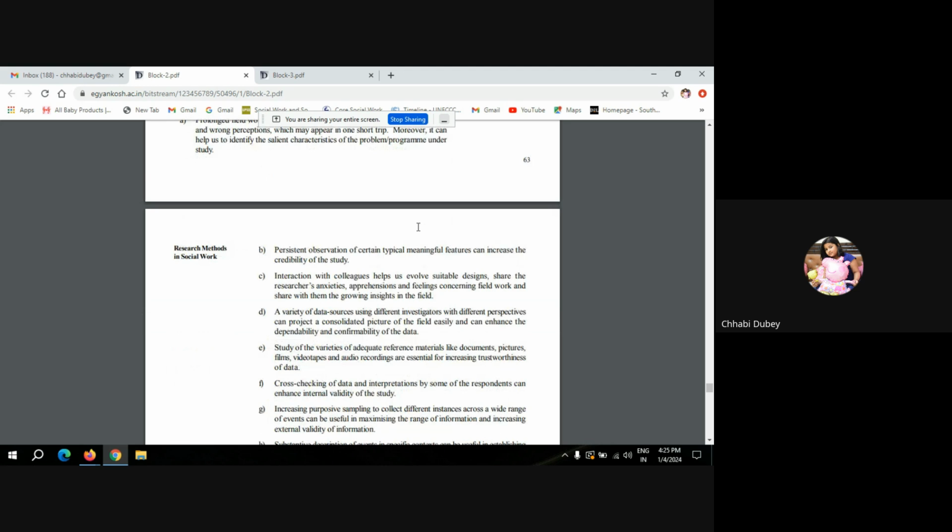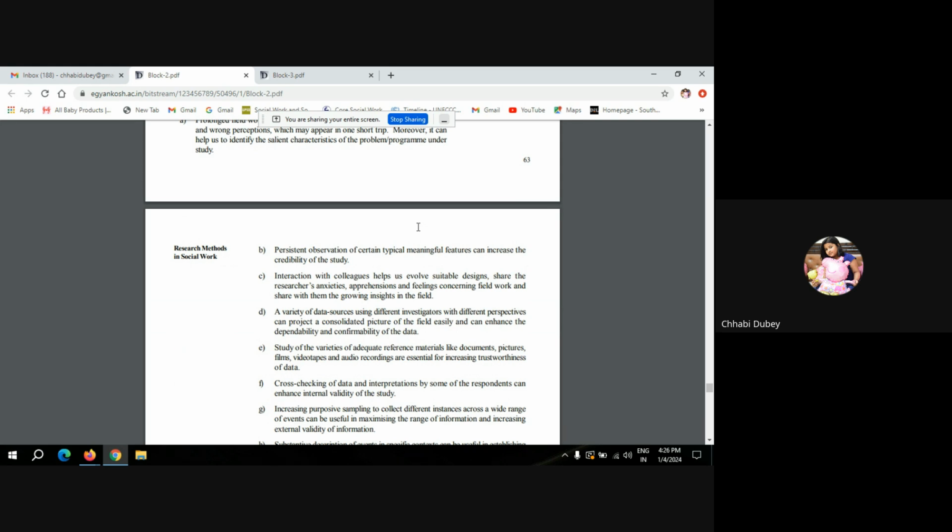These observations need to be persistent, and this definitely increases the credibility of the study. Interaction with colleagues and interaction with the respondents are also very important. These help to share the researcher's own apprehensions or anxieties concerning the field work and the data collection.